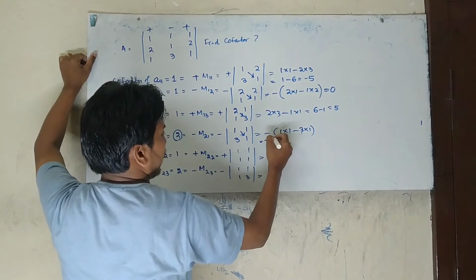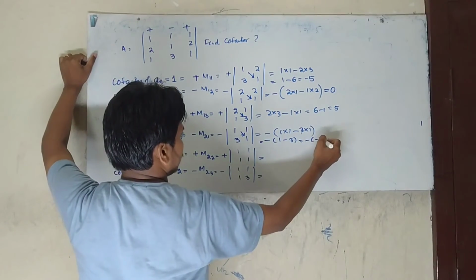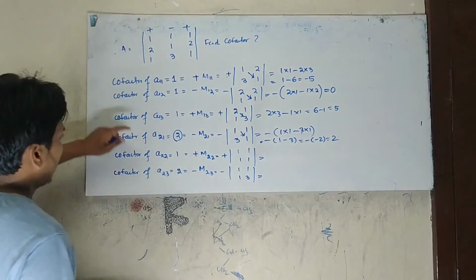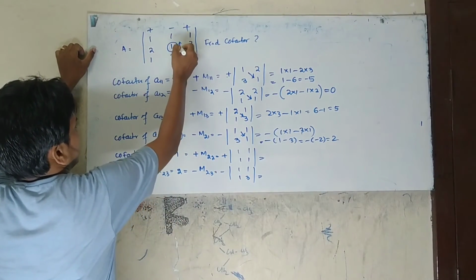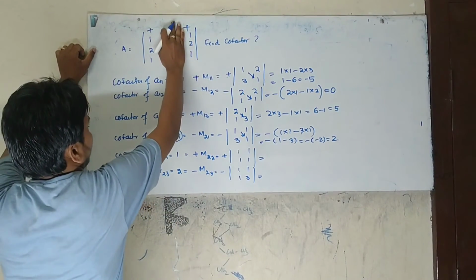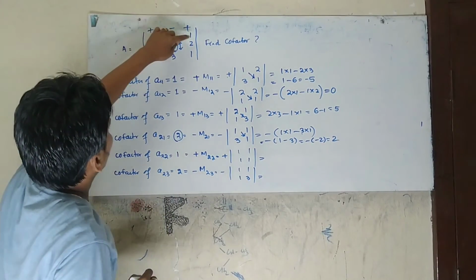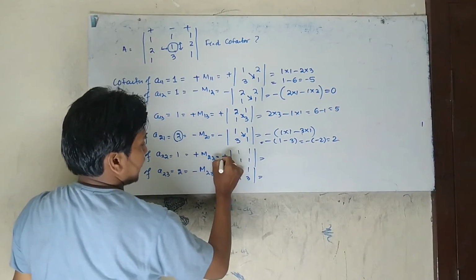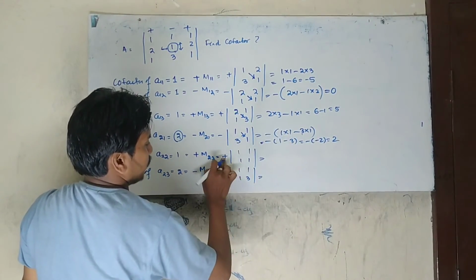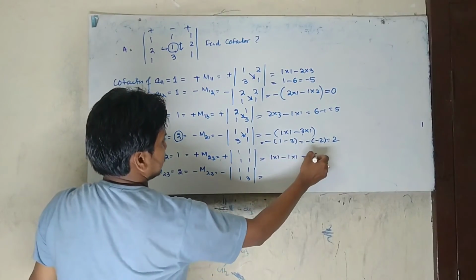So 1 minus 3 is minus 2, and with the minus sign this is minus of minus 2, this is plus 2. Now A22 means you have to delete this row and this column. Then 1 1 1 1, and the sign is plus. So 1 into 1 minus 1 into 1, this is 0.